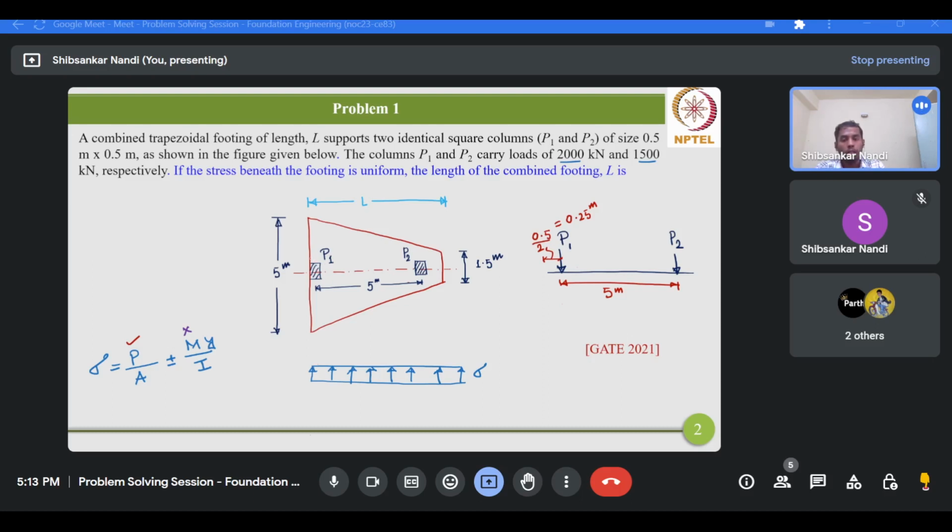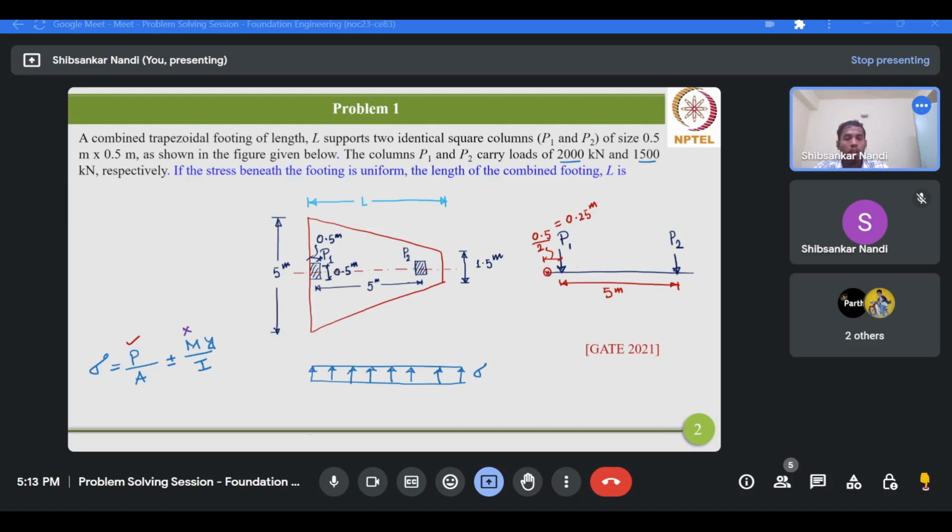So this dimension is 0.5 meter and this dimension is 0.5 meter. That is, it's a square column. So obviously you can take the reference point about which you determine the location of the resultant. You can take this left hand side point.